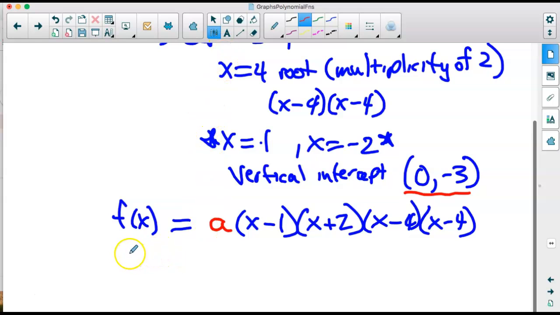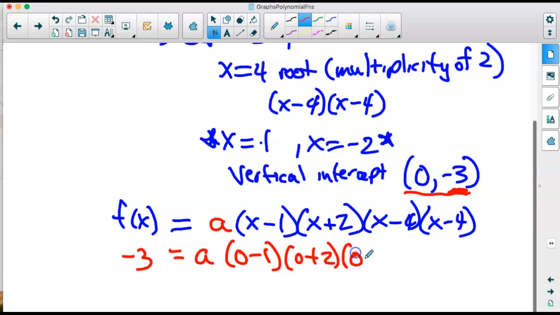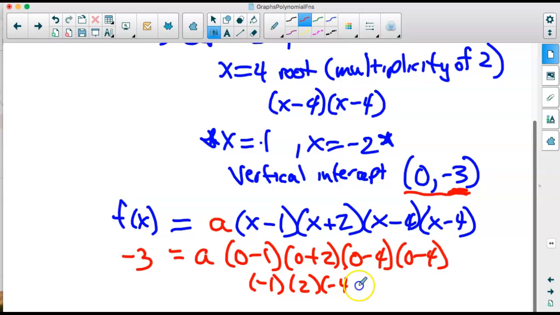So plugging this in, this is going to be -3 from the point. A is what we're trying to find. We're plugging in 0 to each one of these. Okay, and this is going to be -1 times 2 times -4 times -4, multiplied by a, and then we're going to divide that number into 3.